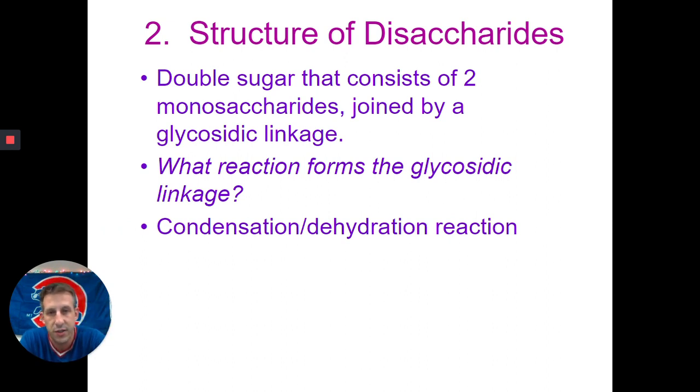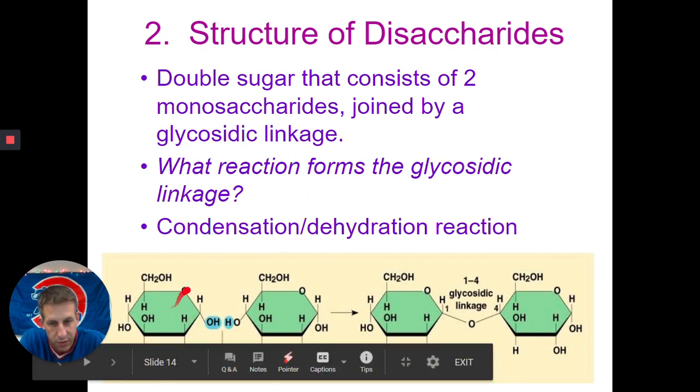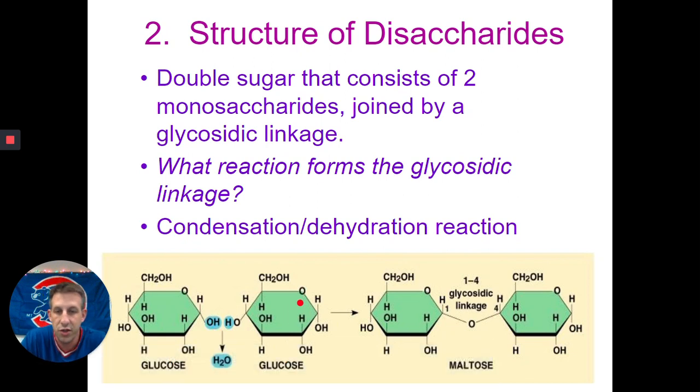And we see that happening right in between those two. I'm going to put the pointer right there, the red pointer right in front. So we see the OH from the glucose on the left combining with the H from the glucose on the right. They form water. The water falls out of the reaction. It condenses. It leaves that reaction. It's gone. It goes to do something else in the cell. We don't care what it is right now. And what we see as a result is right here.